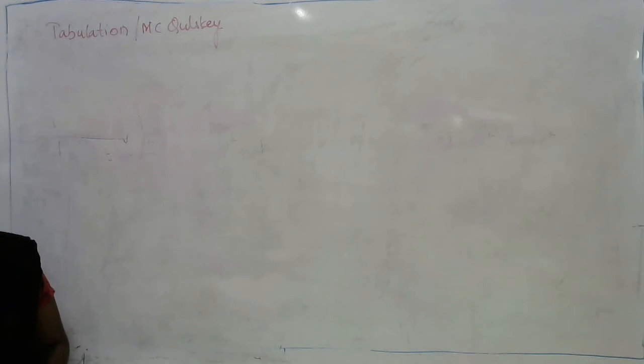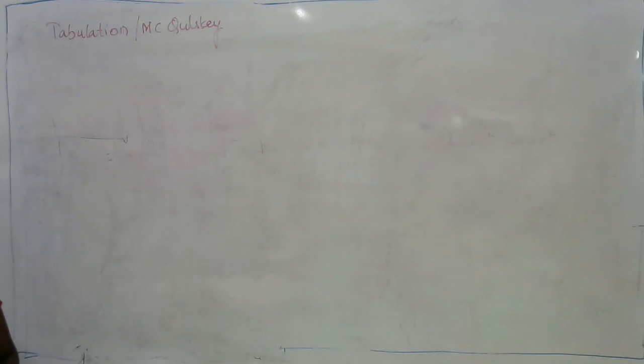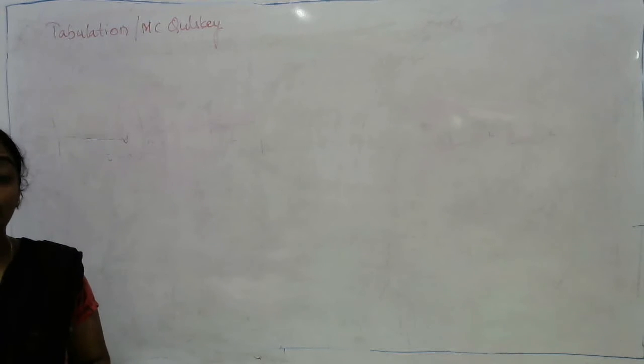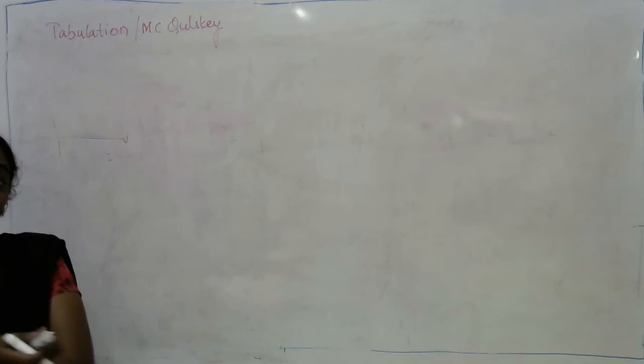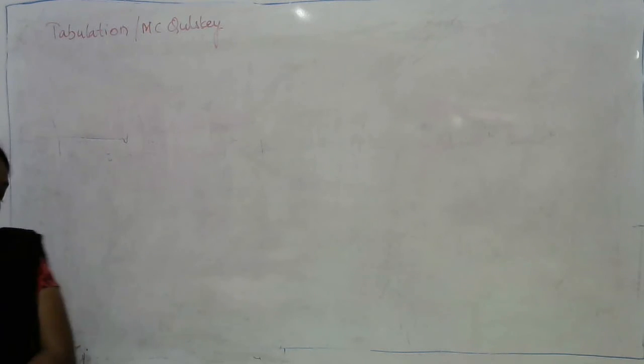So, in order to overcome this drawback of the K-map method, we go for the next method, called the tabulation method or Minkowski method. In this method, we are not drawing any K-map, but rather following some steps in order to simplify the given Boolean expression.